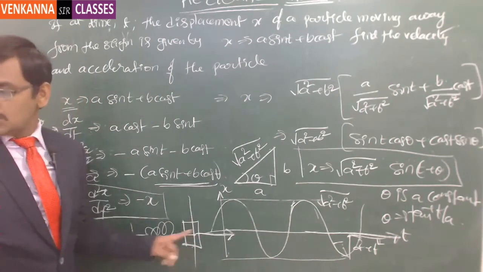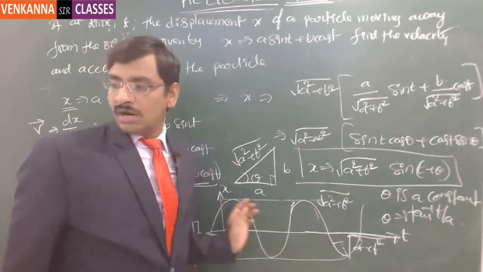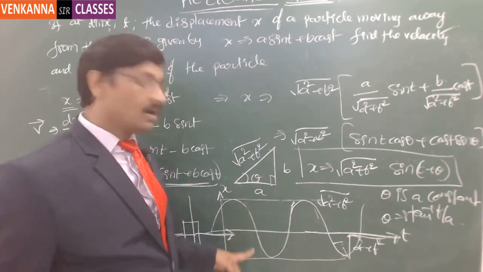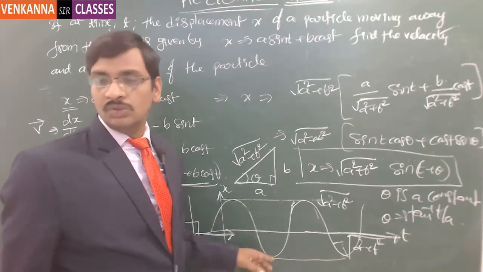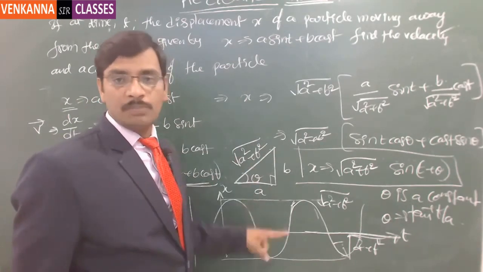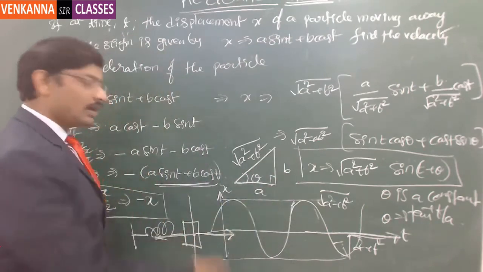This oscillation is represented as a sine wave. It can't go beyond the top limit of square root of a square plus b square, or below minus square root of a square plus b square. Within these limits it is bounded, but it keeps moving top and bottom, right and left, and it's not stopping.